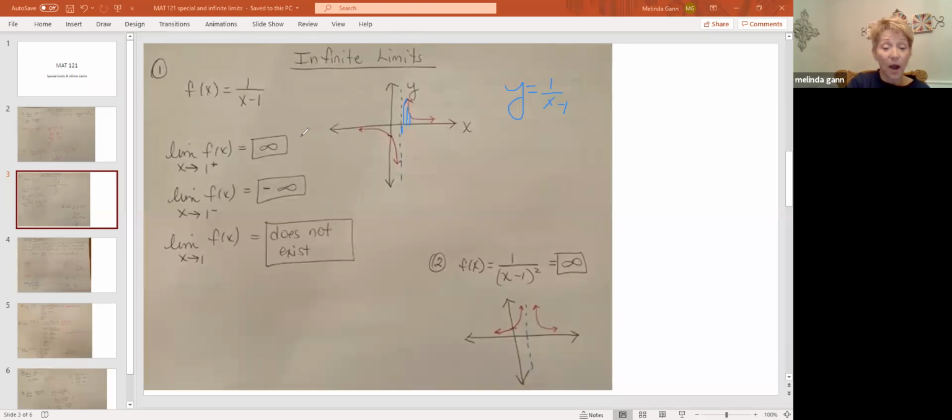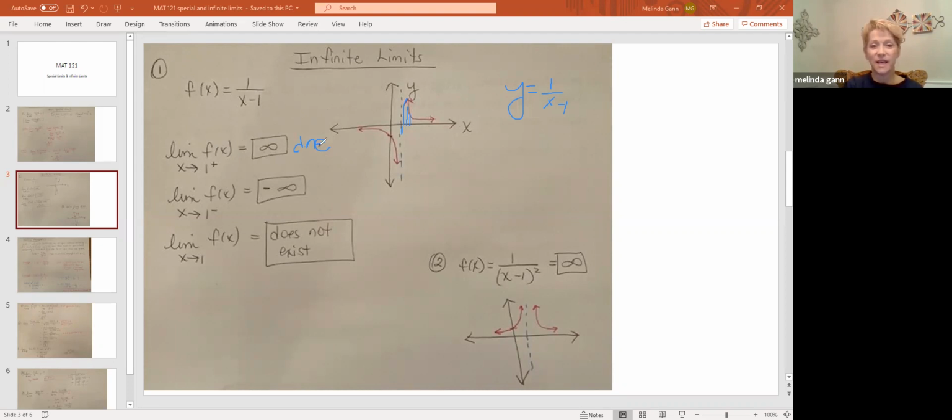Now, you could write here, right does not exist. That would still be correct, because you're not getting closer and closer to a number. It's just infinity is a better description. It says that the limit there does not exist because the y values are getting bigger and bigger and bigger.